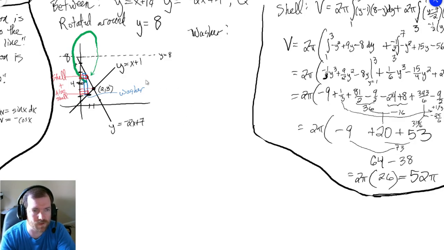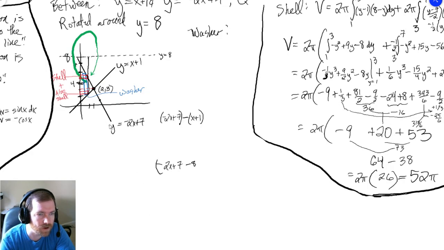So how do we do this? We say, okay, we're going to take this amount that's going from x plus 1 and going all the way up to 8. And then we're going to cut out, hang on, change color. Okay, that's the problem.